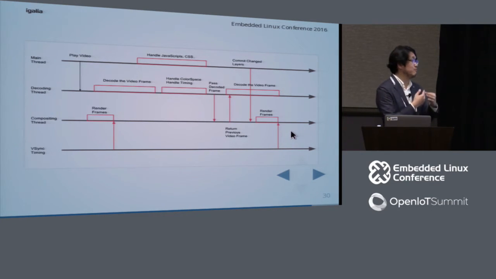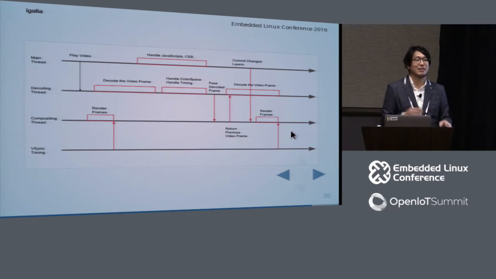We try not to make many locks, but there are some problems, like when we handle the timing. But most of the time it works well, and most of the time it utilizes the whole process really well.